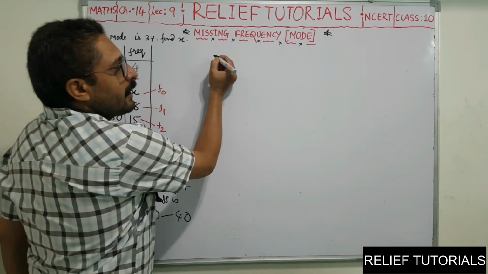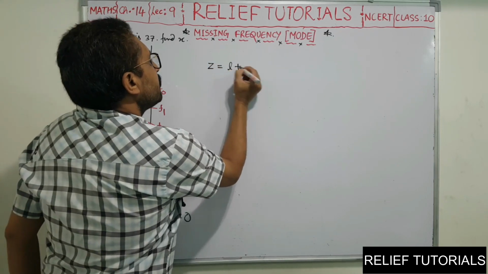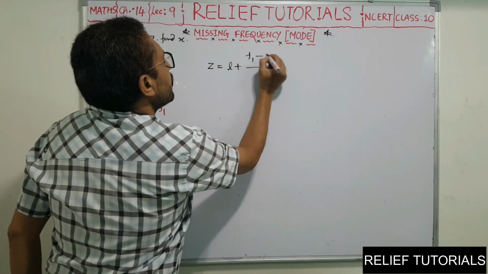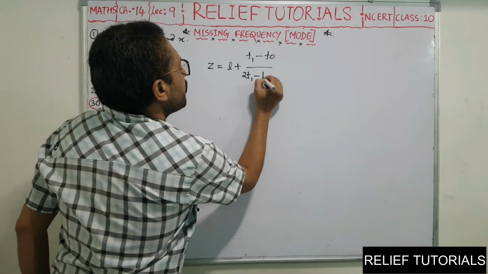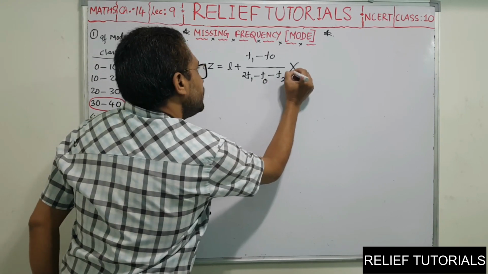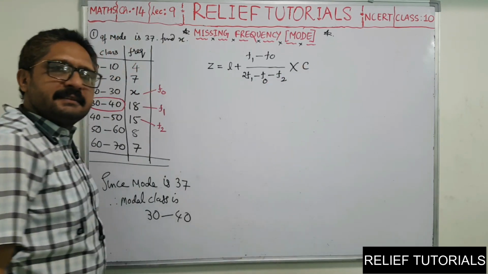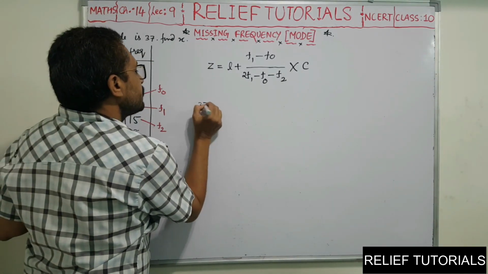Now, we have the formula for mode. Z is equal to L plus (F1 minus F0) upon (2F1 minus F0 minus F2), into C, the class length. Now mode is 37, so I will write Z equal to 37.